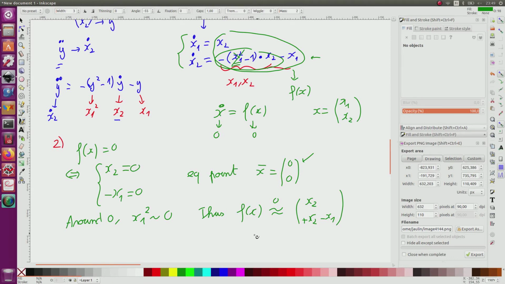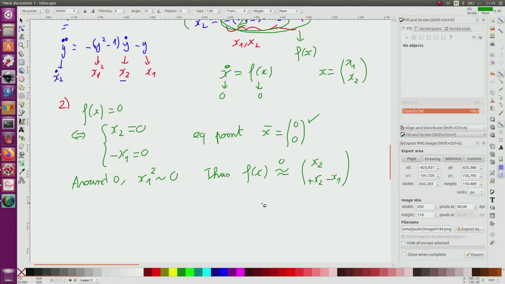Okay. So in a matrix form, I will have x dot almost equal around 0 to the matrix 0, 1, minus 1, 1 times x.